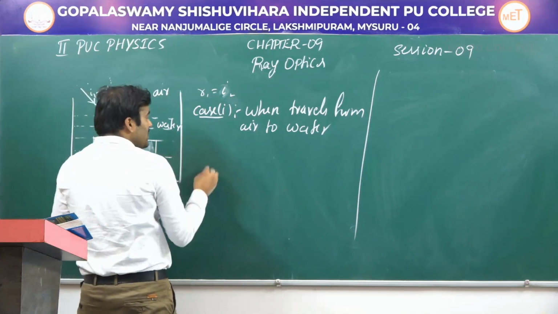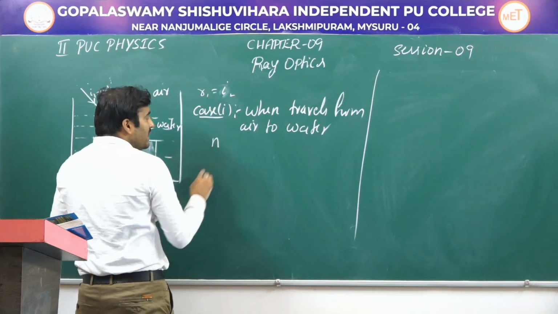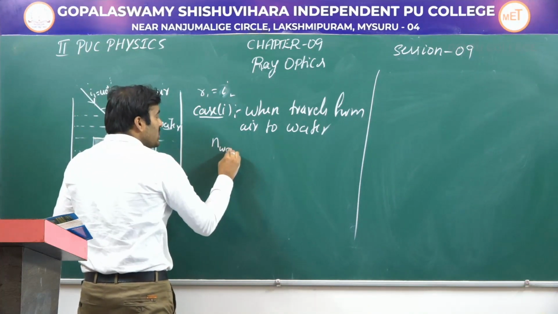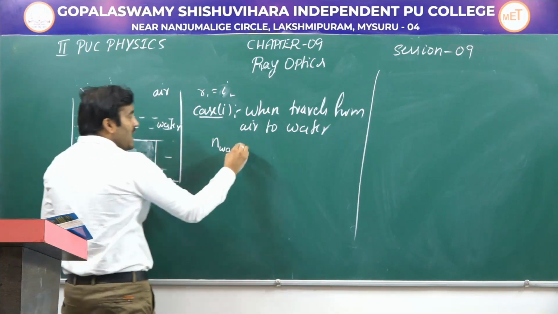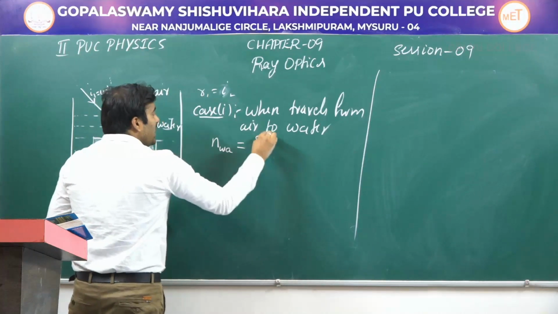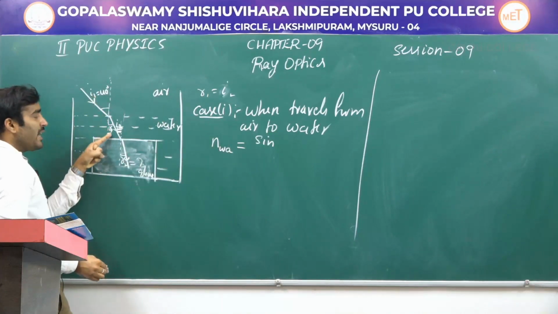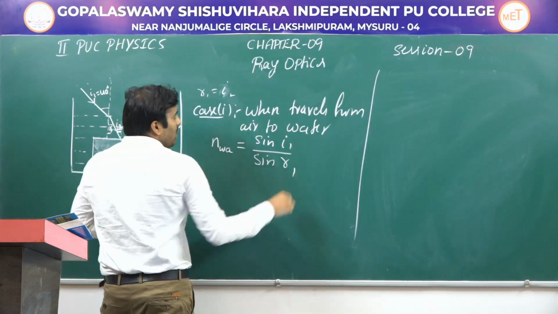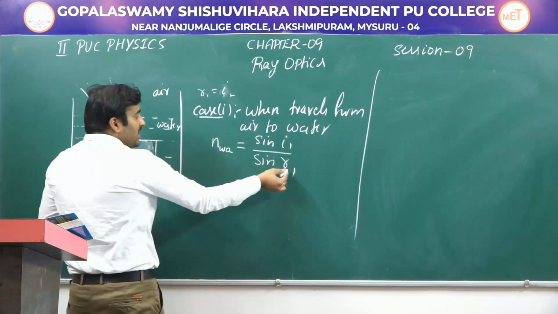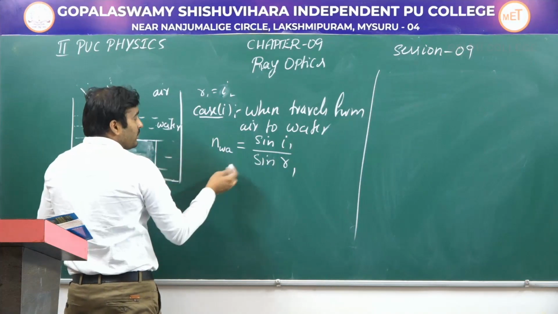So in this case, using Snell's law, refractive index of water with respect to air is equal to sine of I1 by sine R1, correct? This is sine I1 divided by sine R1. So we need to find this R1 now. Let us substitute this.